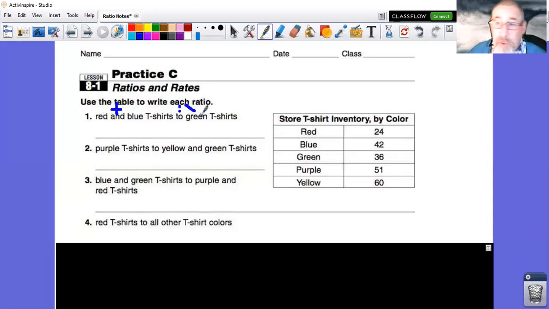So if we go in and we look at our red shirts, that's going to be 24. I know this is horrible. I'm using a mouse. Plus, now our blue shirts, 42.